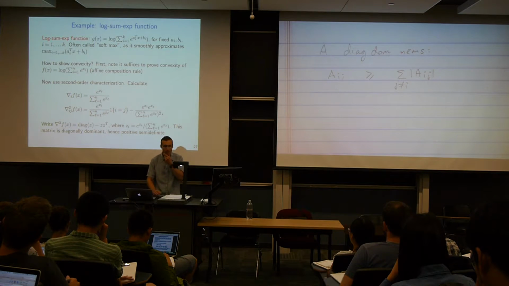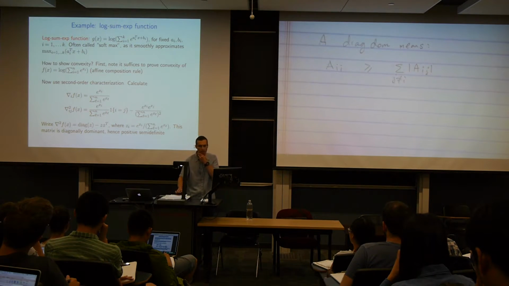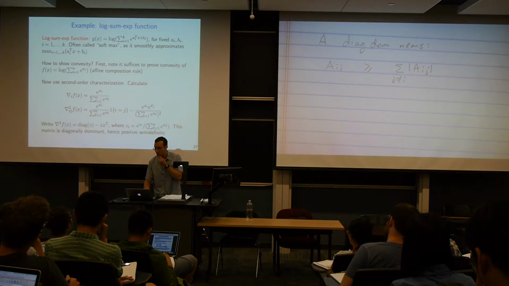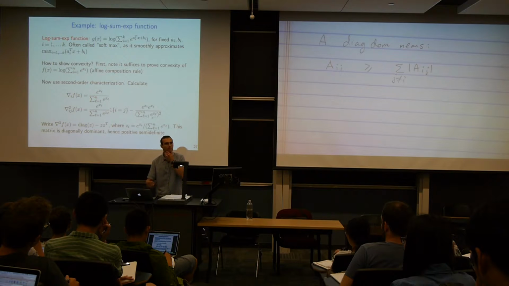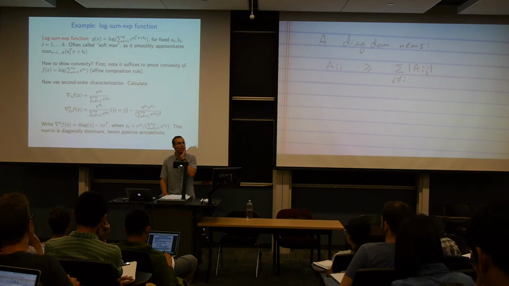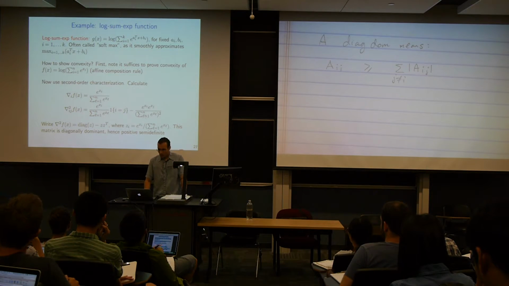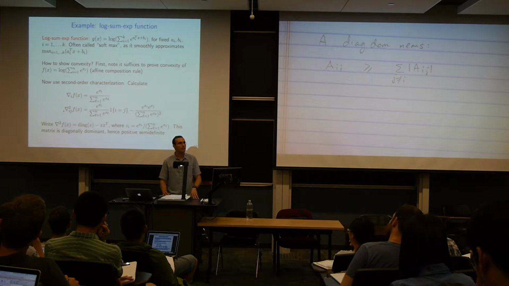Yeah, you might get equality. Anyways, it's going to be diagonally dominant. And like I said, the simplification is that this term is going to reduce to e to the x_i over the sum when you sum it up. So go ahead and check that offline. And that proves that the Hessian matrix is positive semi-definite.